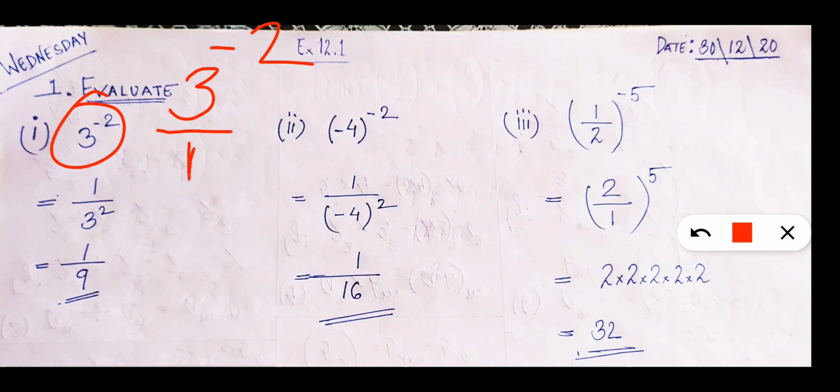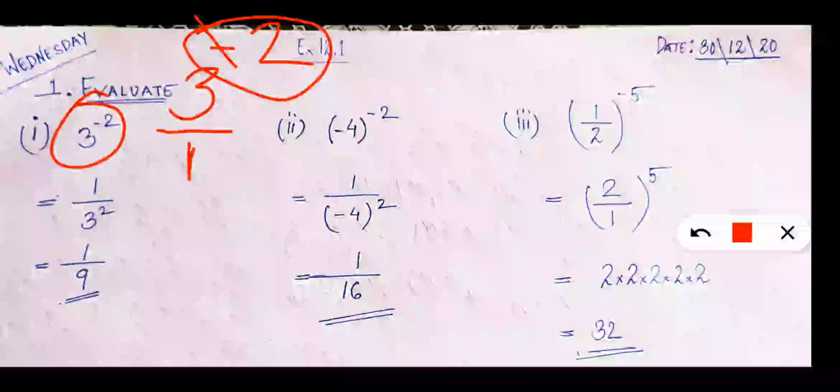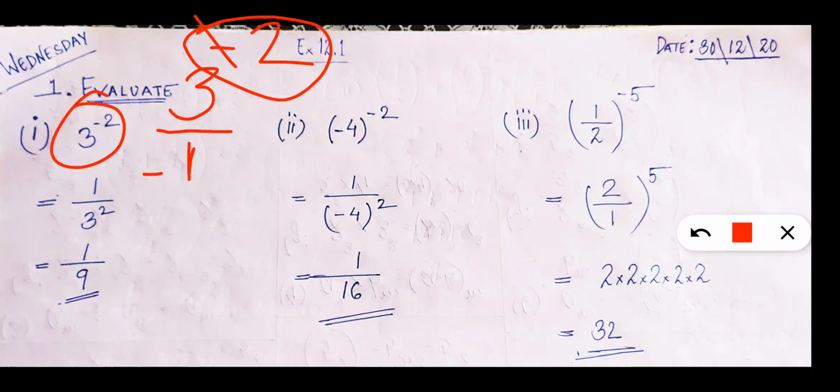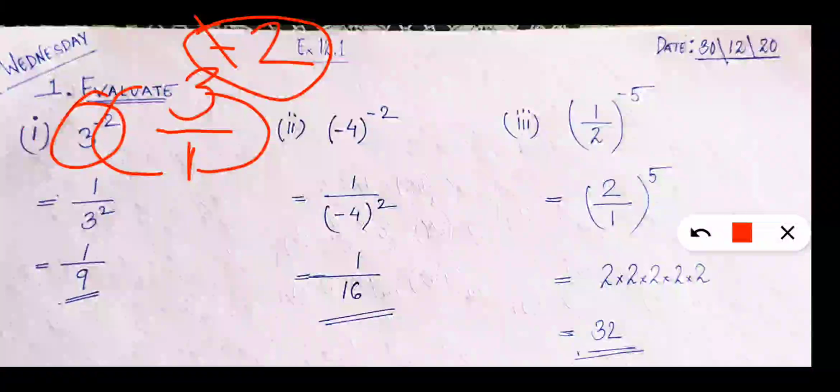Now if you want to convert, you have to convert the minus power into the positive power. So this negative power has to be converted into positive power. How will you convert? By replacing the places of the numerator and the denominator. Are you clear? Okay, let's start.